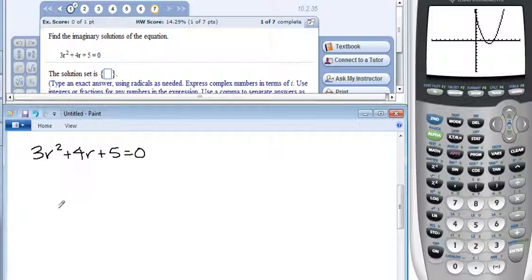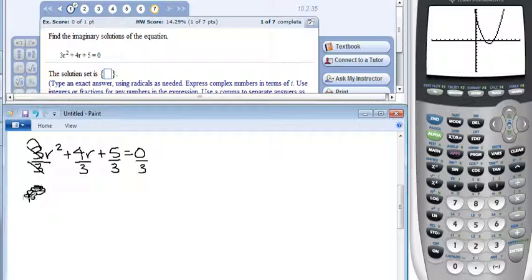It's going to get hairy. All right, so what we want to do in the end is write it in terms of a plus bi. My first step says that I have to get rid of this 3. So I will divide each term by 3. And this is really looking ugly, isn't it?